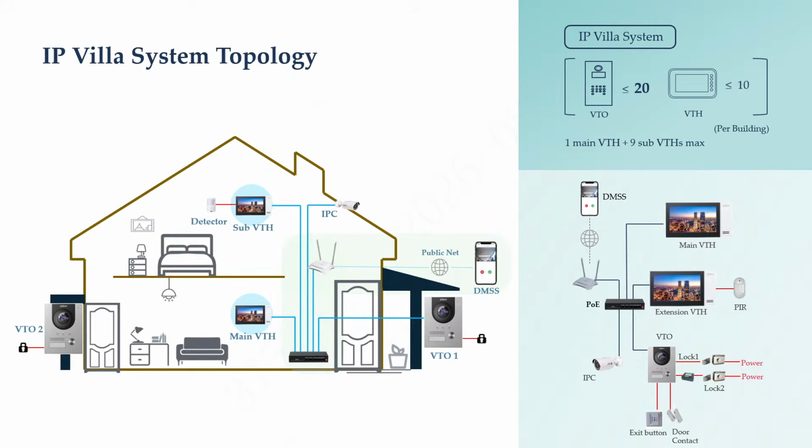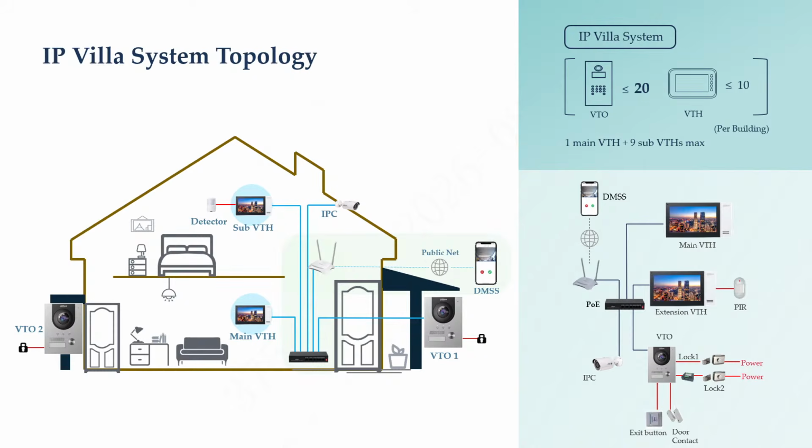Basically, the VTO, when we're talking about the Villa solution, has only one button and you can make a call in only one direction. Yes, we have some VTOs which have more buttons and belong to the Villa solution. I will talk about it a little bit later, but the main difference between apartment and Villa is the number of calling directions, how many directions you want to make a call, like into one flat only, or you want to call like 100 flats at the same time. But the basic, the core idea is the same.